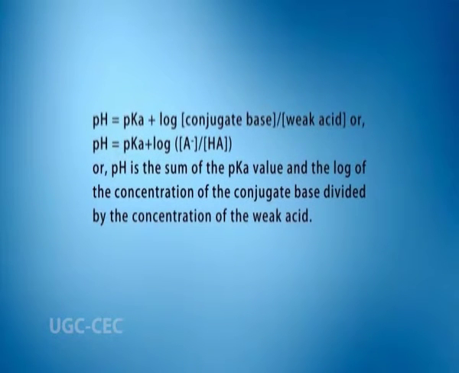That is, pH is equal to pKa plus log of conjugate base by weak acid, or pH is equal to pKa plus log of A- divided by HA, or pH is the sum of the pKa value and the log of the concentration of the conjugate base divided by the concentration of the weak acid.